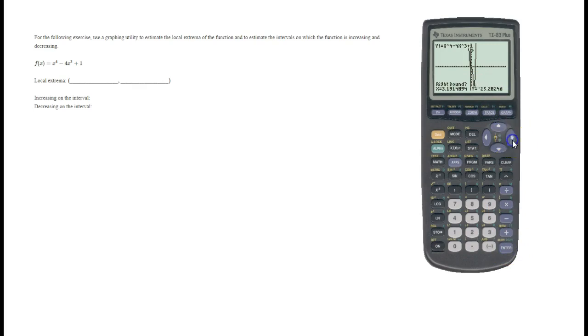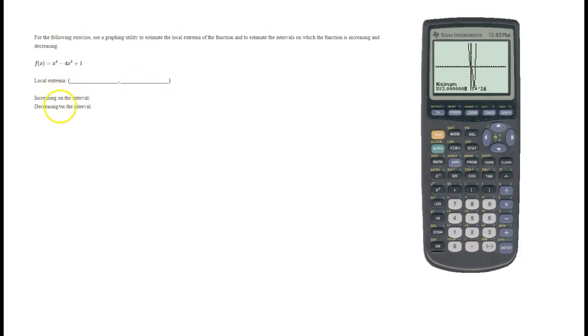Then it wants the right bound, so I'm going to go a little bit to the right, hit enter, and then it asks for a guess. That's pretty close to what I think it is. Hit enter and give it a minute to think, and here it is. It looks like my x is 3 and my y is 26. So this will be 3 and this will be 26.